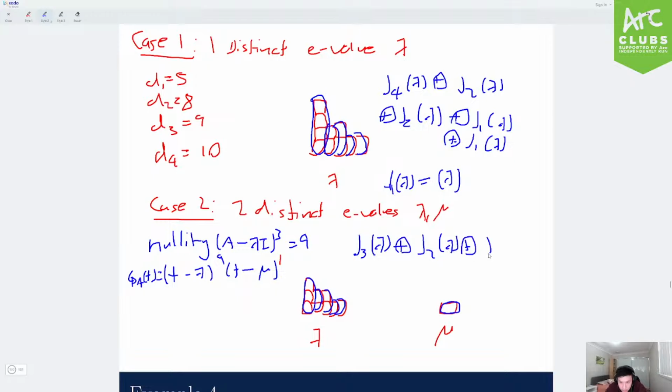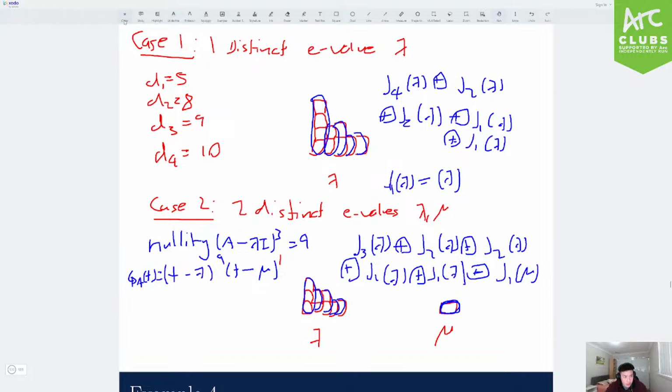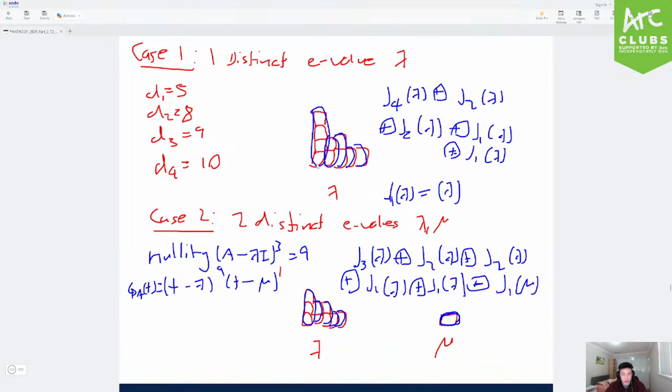Your third chain is also length 2 for lambda. The fourth chain is length 1. Your fifth chain is also length 1. And this last chain here is length 1, but it's for the eigenvalue mu, so we denote this by J1 of mu instead.